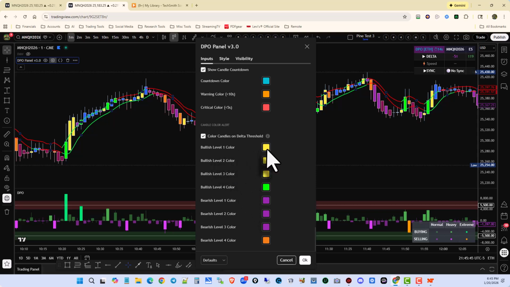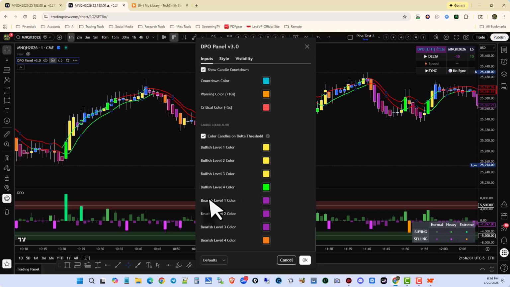So when we get to extreme levels, which means during the New York hour, if we're showing yellow bars, we're above 1000 positive delta. If we get up to 2500, we're going to show this bright green color. All right.